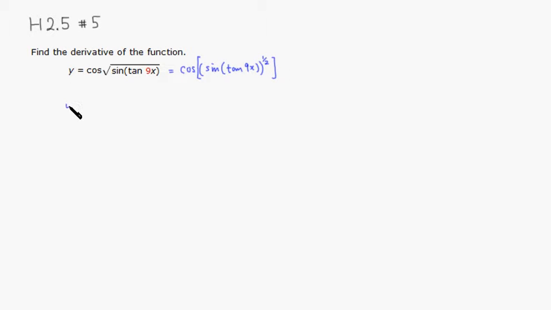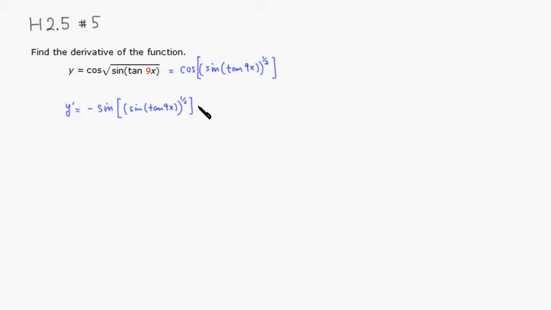So y prime is equal to, the derivative of cosine is negative sine, so we put the negative sign right here. Then keep exactly the same thing: sine of tangent of 9x raised to the 1/2 power.